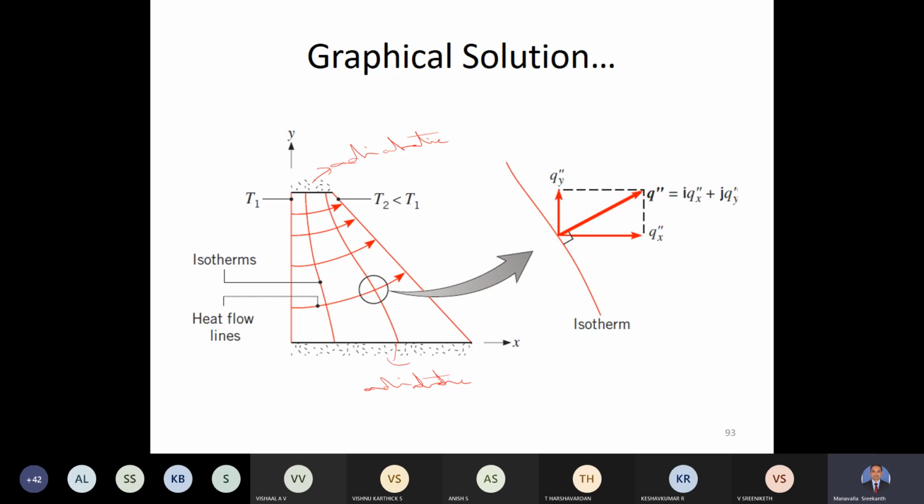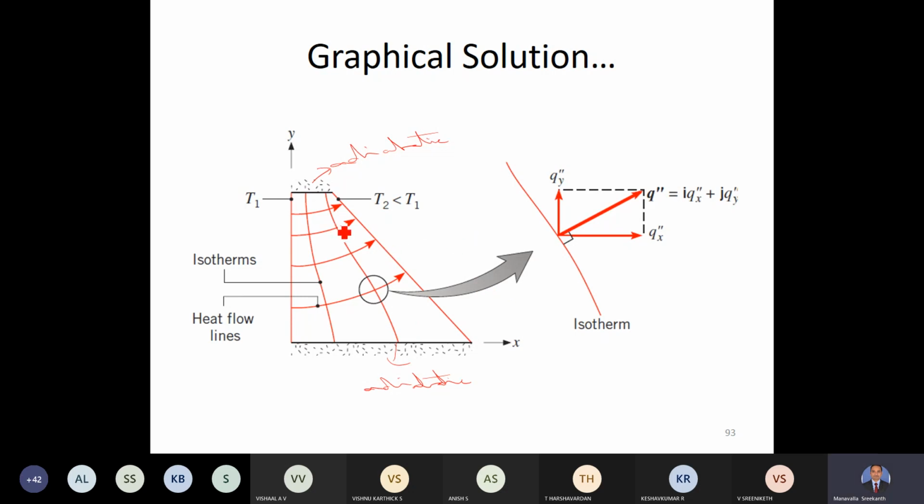Nothing else is allowed. So in this particular problem we have two boundaries with adiabatic conditions and two boundaries with isothermal conditions. This entire side is at temperature T1 and this entire side is at temperature T2. So we can attempt to solve this problem using the graphical solution.